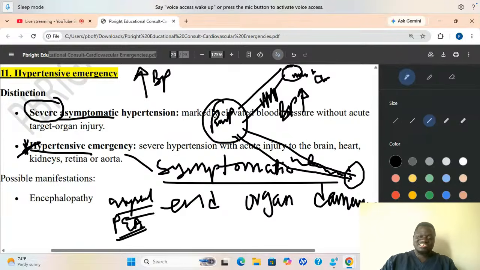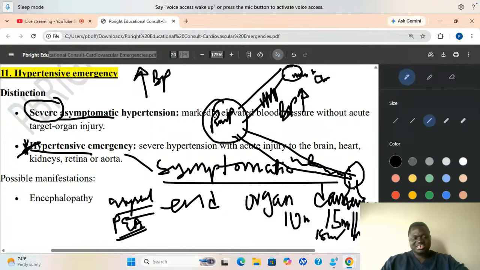Because of that, the kidneys will not excrete any urine. So urine output will drop. Within 1 hour you get 15 mils per hour. Within 1 hour, patient is drinking and bringing out 10 mils, 18 mils. It means our end organ is affected.